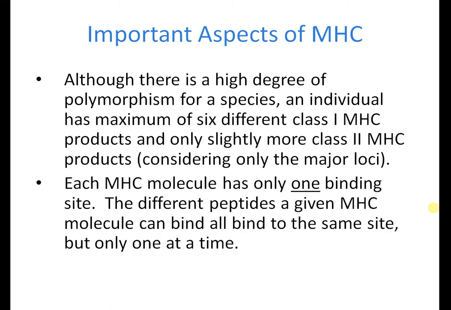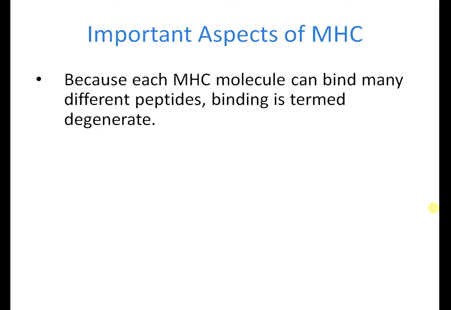Each molecule has only one binding site, and a given MHC molecule can bind different peptides at the same site, but only one at a time. Because each MHC molecule can bind many different peptides, this binding is termed degenerate.